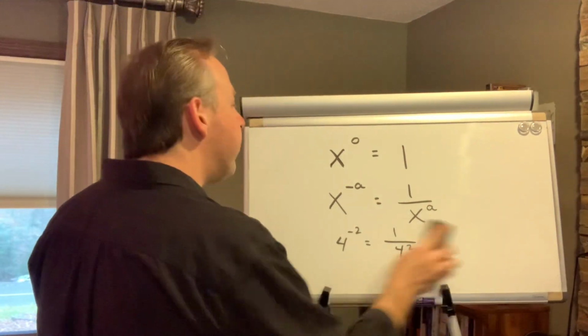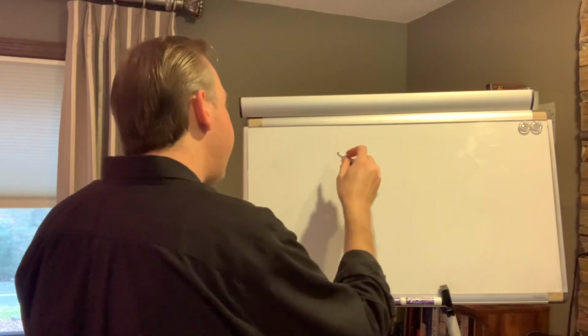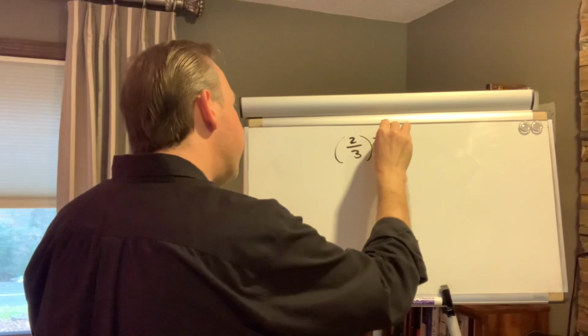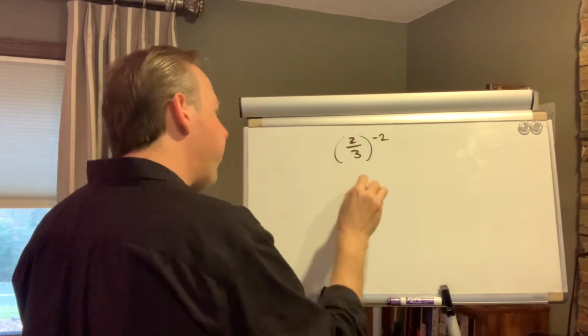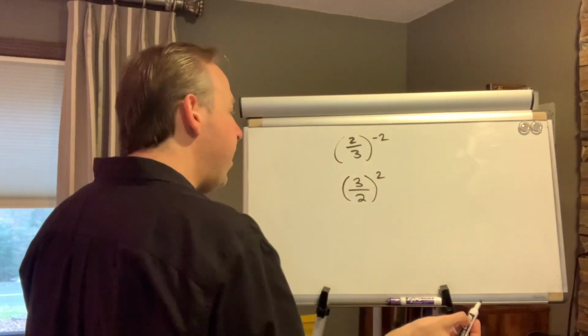For instance, one more example of this one. Let's say we have 2/3 to the negative 2nd power. That means that the negative part flips the base upside down, and now it's a positive power.